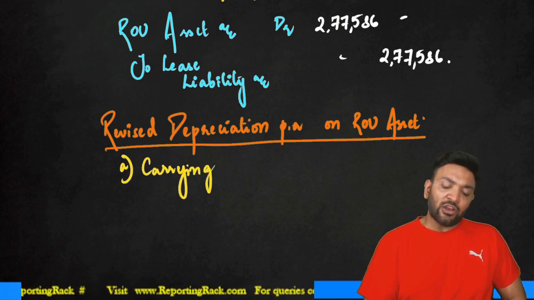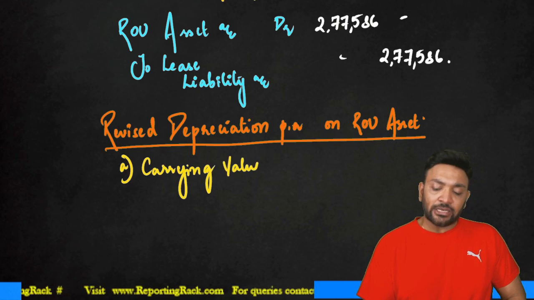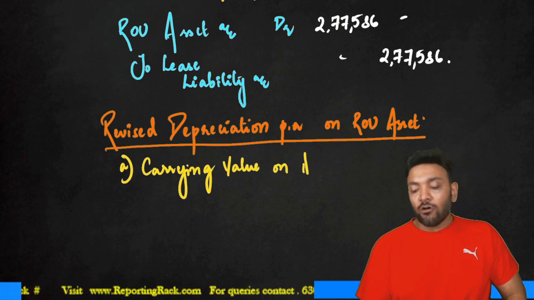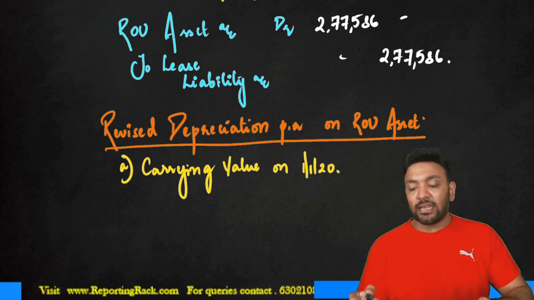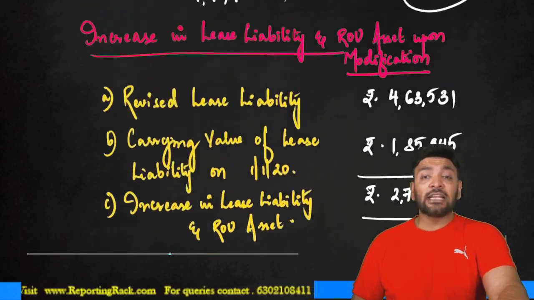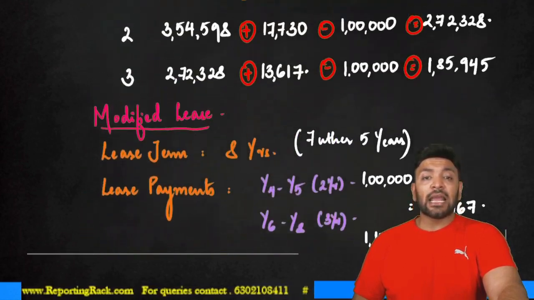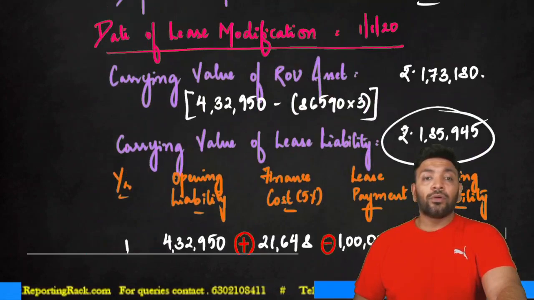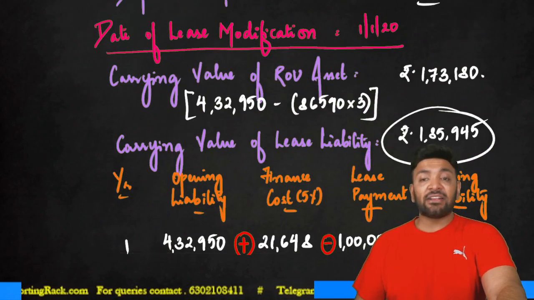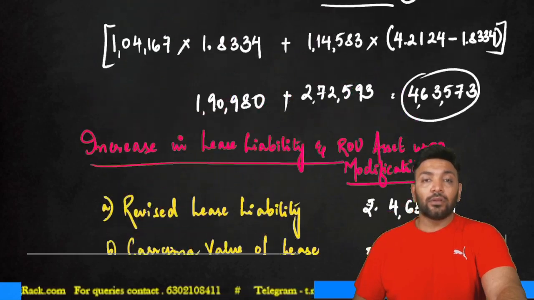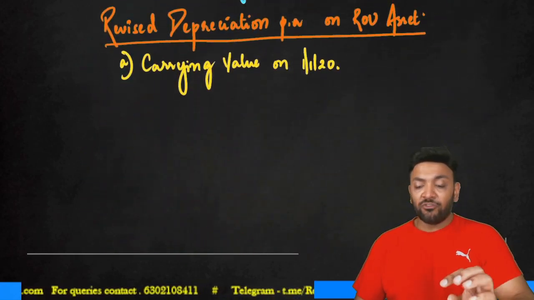What was the carrying value on the date of modification? On 1st January 2020, after depreciating the asset by 3 years, I arrived at the value of ROU asset at 173,180.